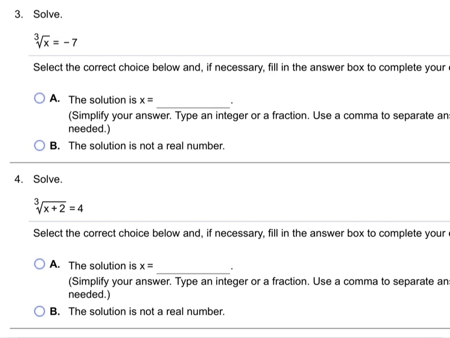How about number 4? Third root of x plus 2 is 4. Yeah, try it out. Same kind of thing, right? What are you gonna do to both sides? 3 power it. Exactly.